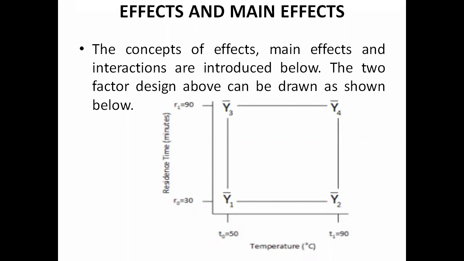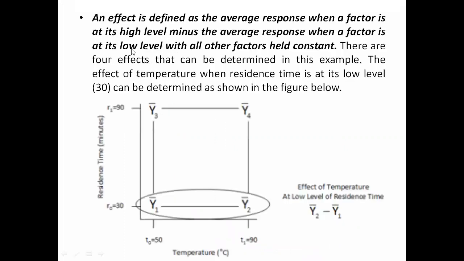Okay, so the next slide: an effect is defined as the average response when a factor, meaning temperature or time, is at its high level minus the average response when the factor is at its low level, with all other factors held constant.